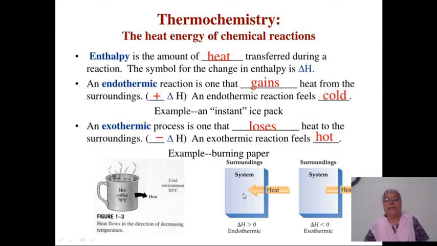When a system absorbs heat, it is an endothermic reaction, for which delta H is greater than 0. In case of an exothermic reaction, heat is given out from the system, for which delta H is less than 0, and heat flows in the direction of decreasing temperature.